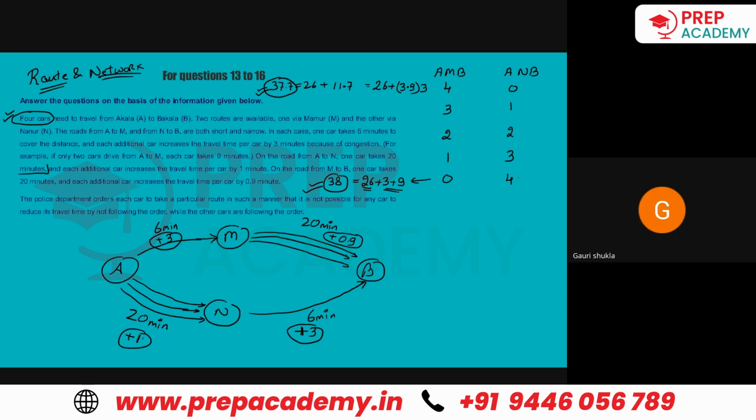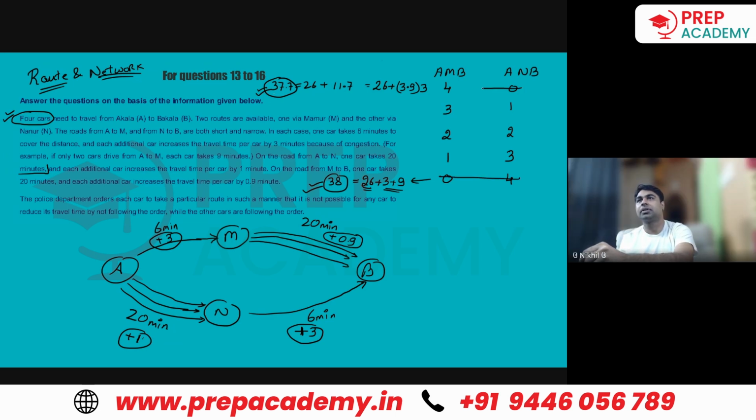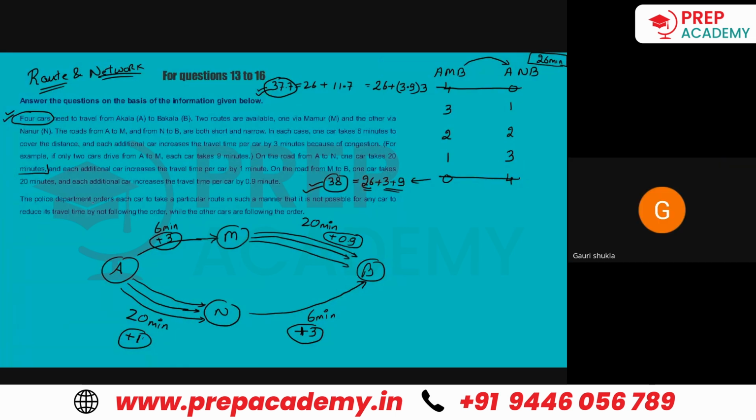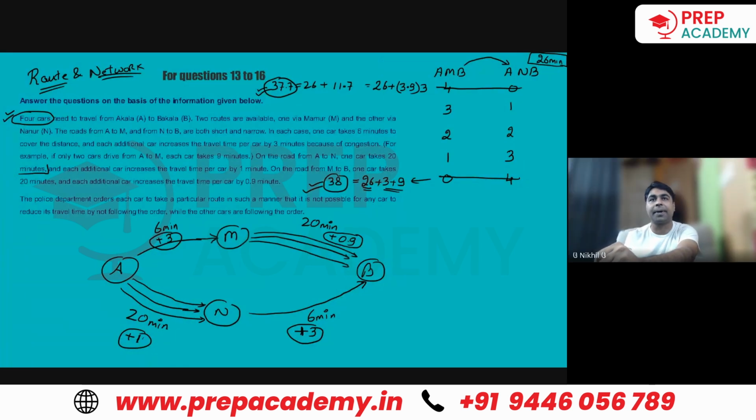Obviously, these cannot be the answers because if one car changes the route from AMB to ANB, it will take only 26 minutes. And there was a specific line which was mentioned that the police department orders each car to take a particular route in such a manner that it is not possible for any car to reduce its travel time by not following the order.